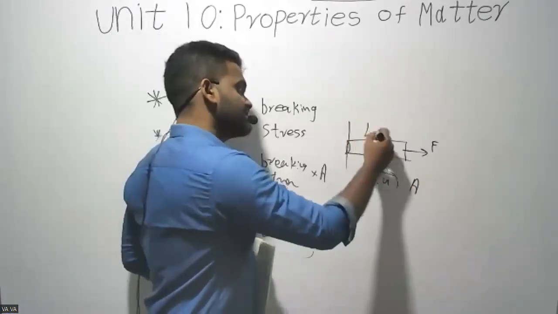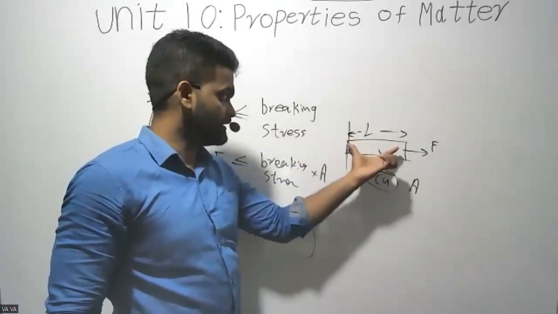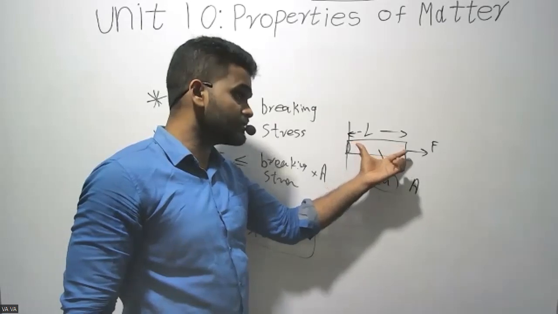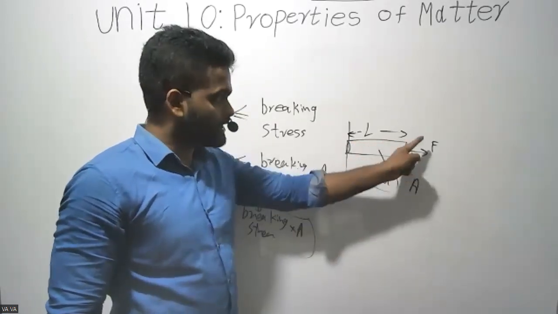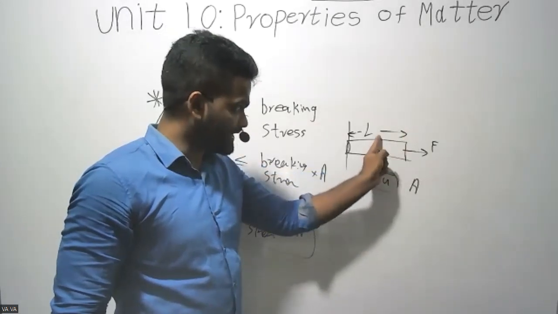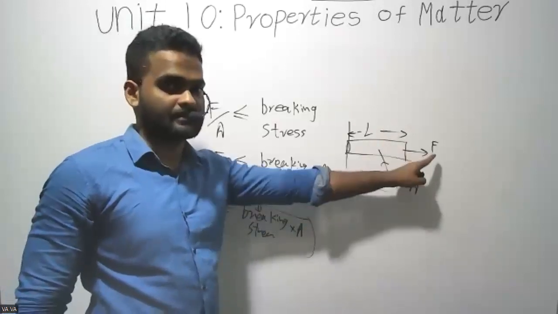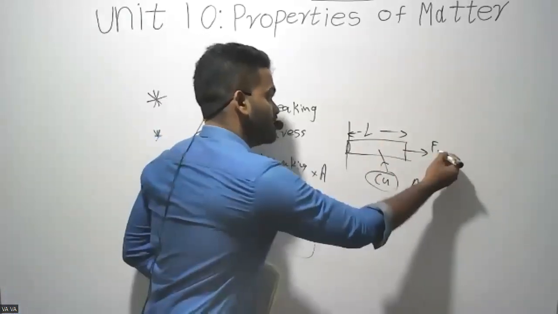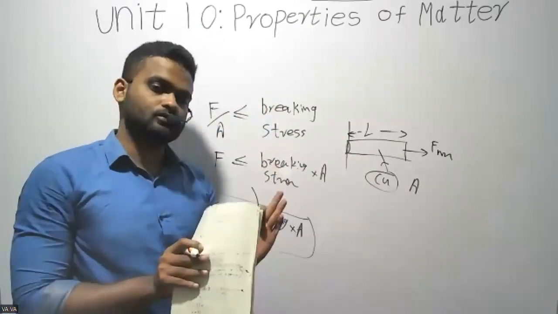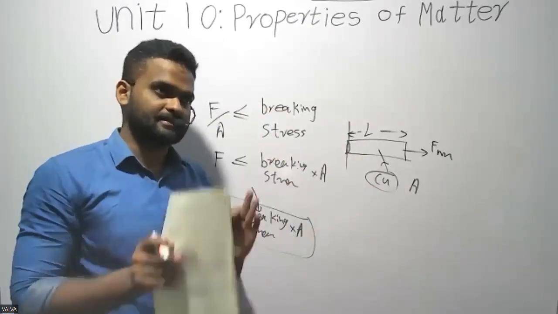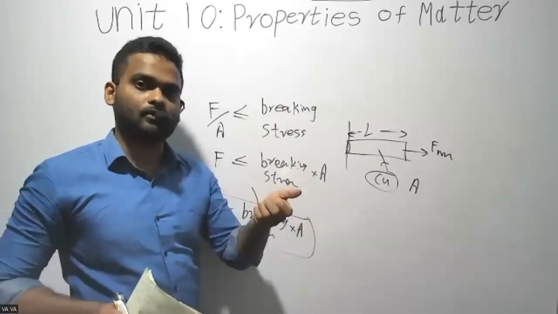Remember that length does not matter. Length does not define when this is going to break. Length does not affect the force required for breaking. Only cross section and the type of material are the two properties that decide when the rod is going to break under a force.